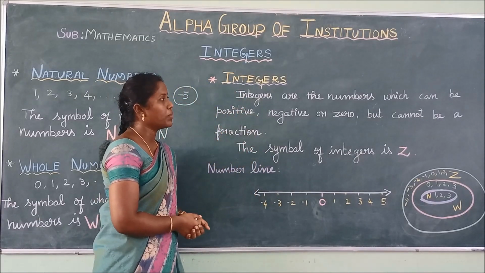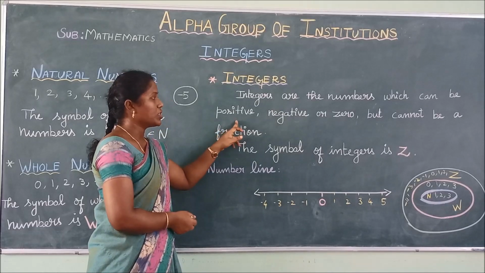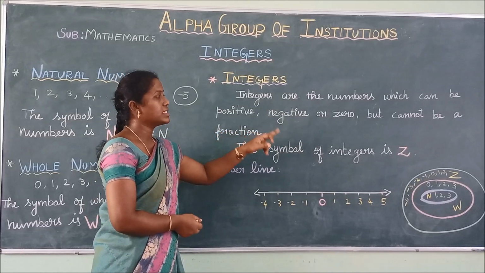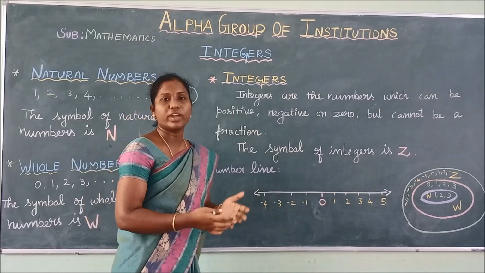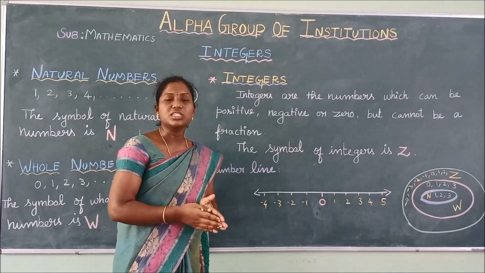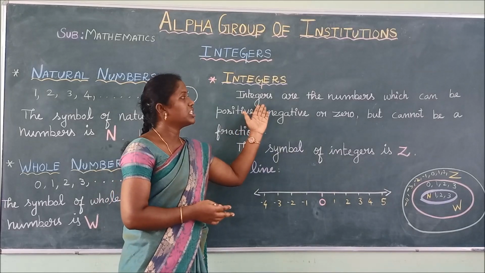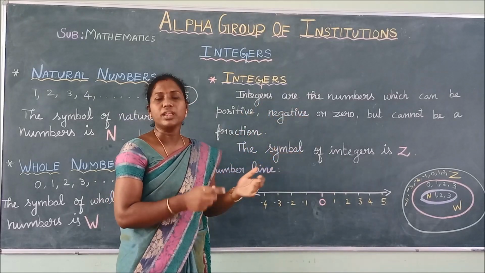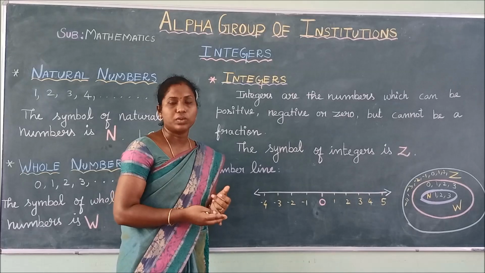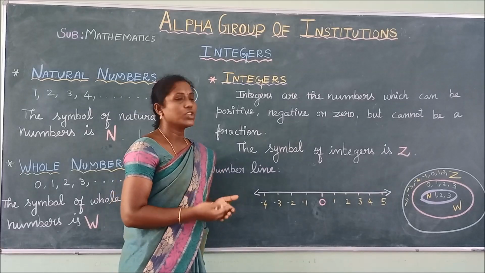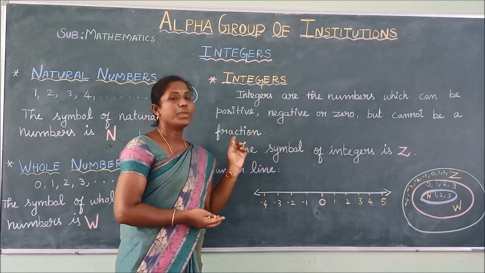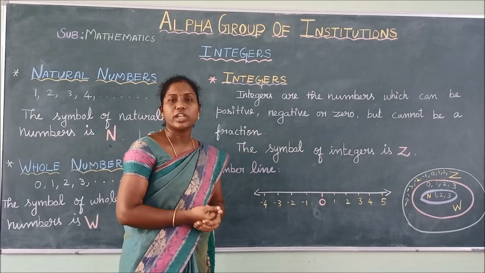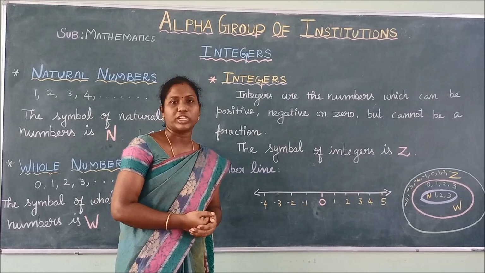Integers are the numbers which can be positive, negative or zero, but cannot be a fraction. The integer cannot be expressed in the form of a fraction.